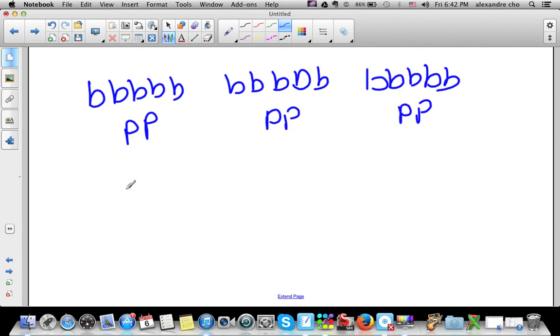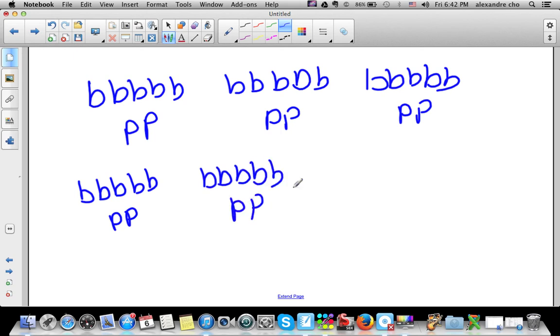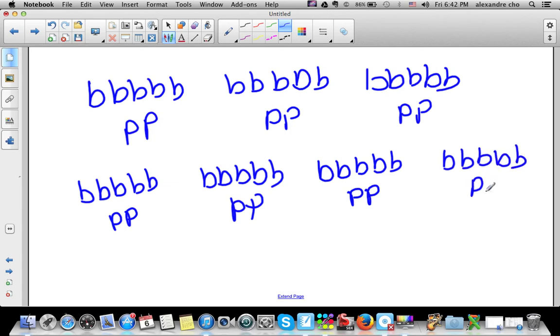We have 15 books, 6 pencils. 1, 2, 3, 4, 5, 2 pencils. So that ratio of 5 to 2 is happening over and over again. Maybe I should have used smaller numbers, but I want you to get the idea here. What do we have? 1, 2, 3, 4, 5, 6, 7. We're missing more.